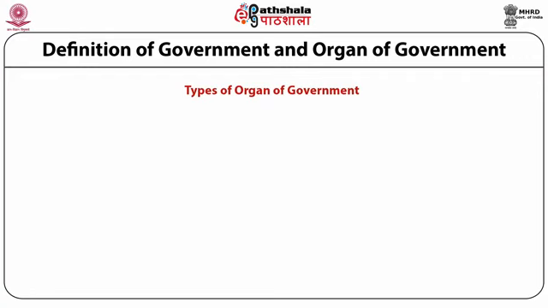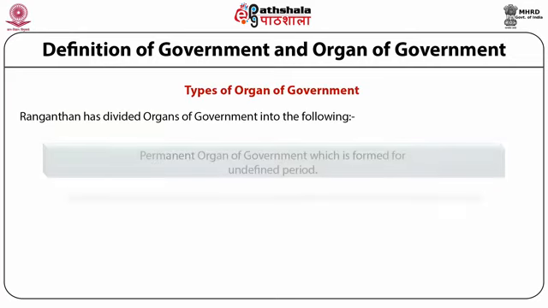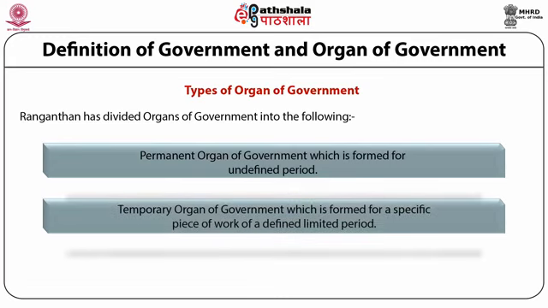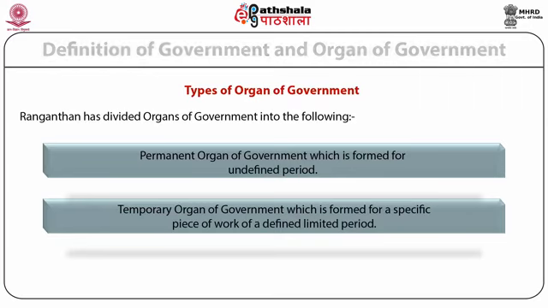Types of organs of government. Ranganathan has divided organs of government into the following types. Permanent organ of government, which is formed for undefined period. Temporary organ of government, which is formed for a specific piece of work of a defined limited period.